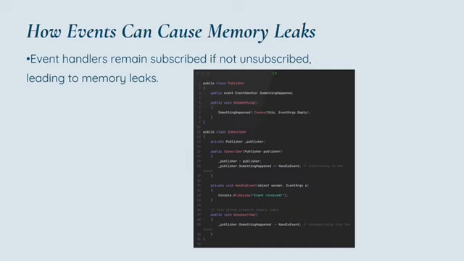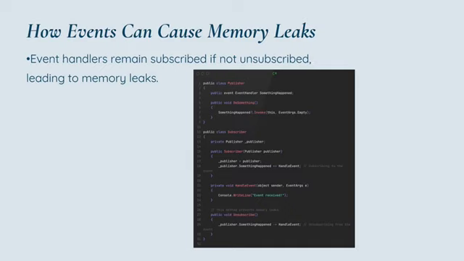And that's about how events can cause memory leaks. In C#, if we subscribe to an event but forget to unsubscribe, the event handler remains in memory even when the object is no longer needed. This prevents garbage collection and causes memory leaks.